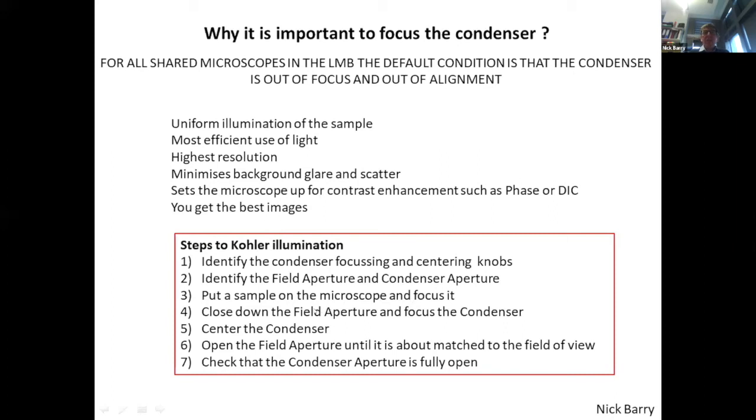Then if you close down the field aperture and focus that on the condenser, that effectively is the step that gets you a focused condenser. You'll see a sharp image of the aperture in the image that you're looking at through the eyepiece. Then you can center it. Then you open it so you can no longer see it, and also check that the condenser aperture is open as well. That gets you the highest NA in the condenser, and that will get you the highest resolution.